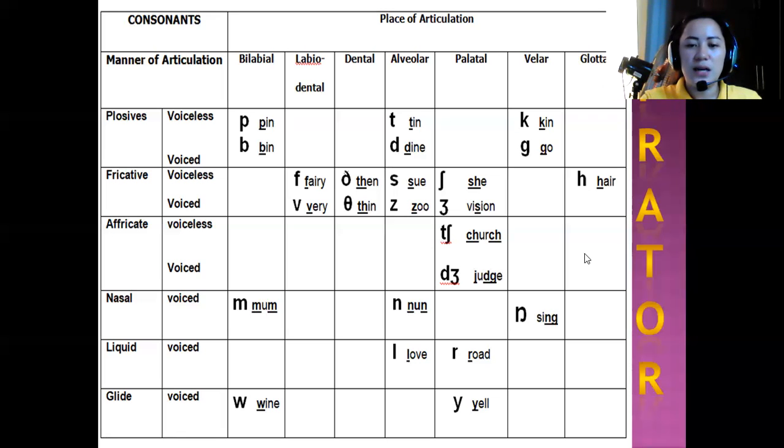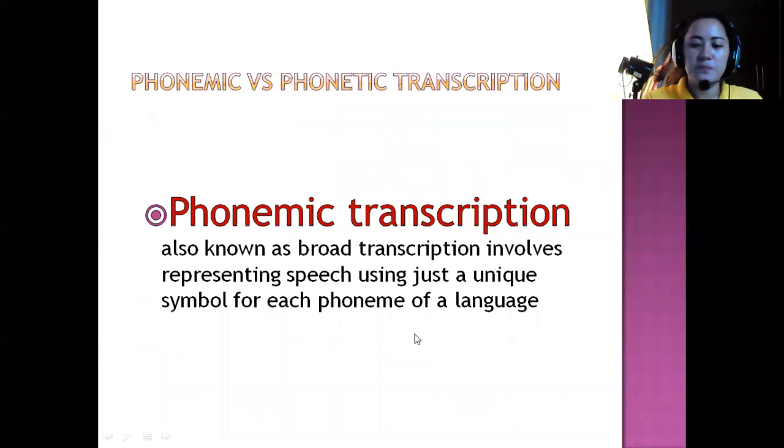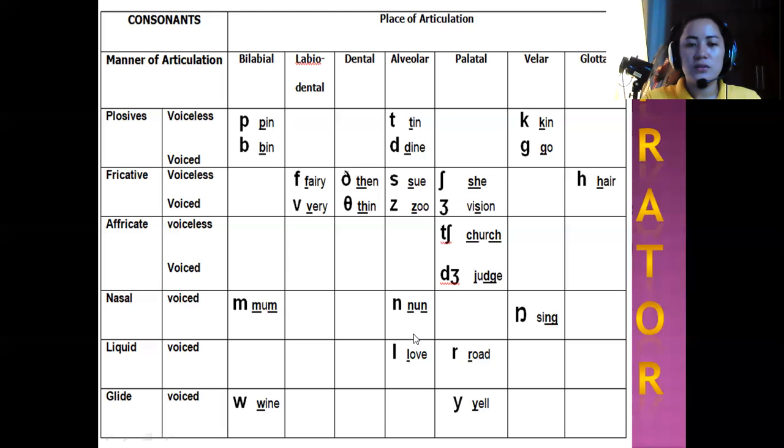This one, n, like none. Very clear, still at the alveolar ridge. Next we have the liquid, voiced, still at the alveolar ridge, still with the tip of your tongue.